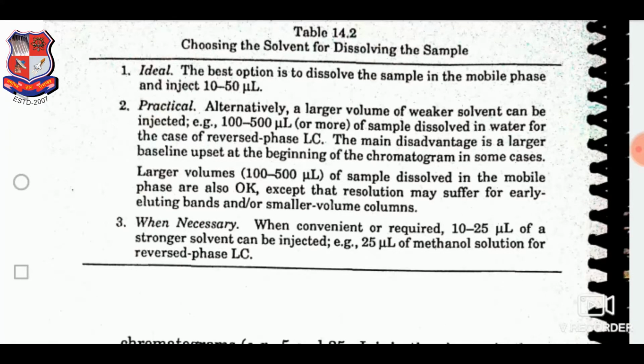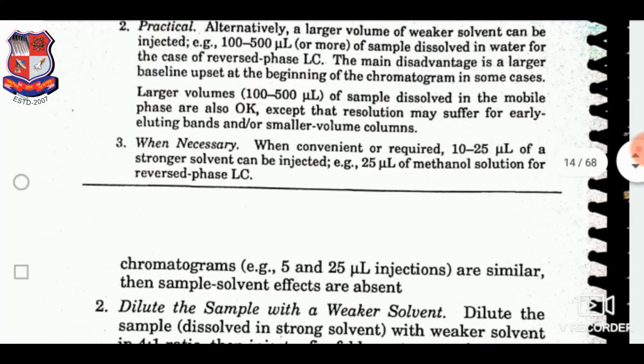What will be the practical alternative? A larger volume of weaker solvent can be injected, 100 to 500 microliters of sample dissolved in water for the case of reverse phase. The main disadvantage is the larger volume may upset the baseline at the beginning of the chromatogram in some cases. Larger volumes of sample dissolved in mobile phase are also okay, except that resolution may suffer for early eluting bands or smaller volume columns.